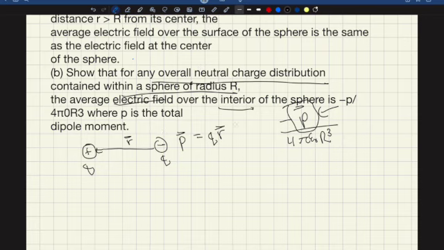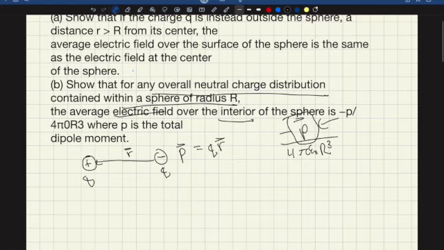We're going to generalize it because we have a general neutral charge distribution in the whole sphere. So we'll be working in terms of some charge density rho. We want to find an expression for the dipole moment in terms of this rho. We do the integral over the charge distribution of the r vector times dq instead of just q.